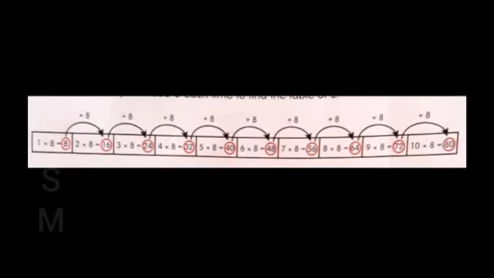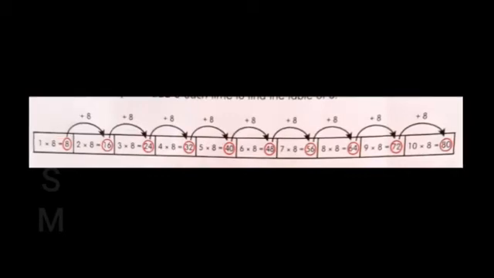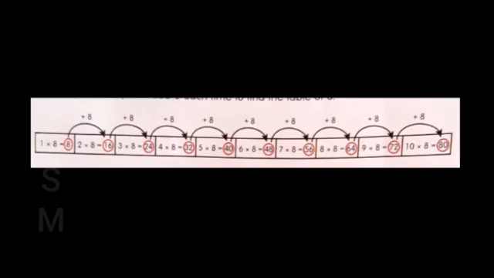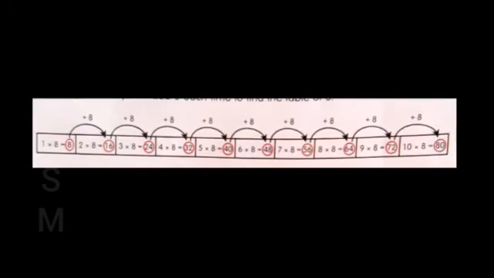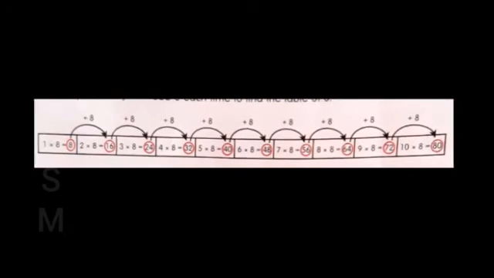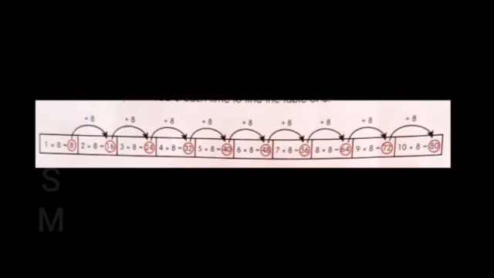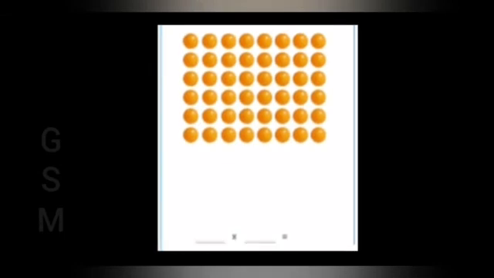To find the total number of corners, we can repeatedly add 8 as many times as the number of rooms. We can write the multiplication table of 8. We can also skip count by 8. Look at this. We just add 8 repeatedly, and we get the table of 8.